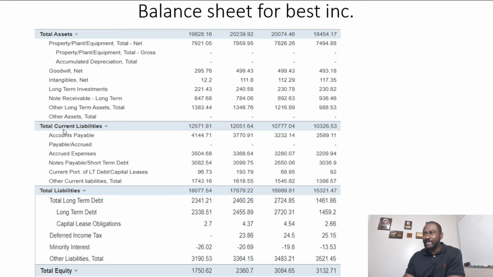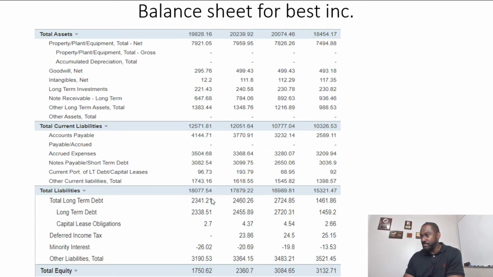So let's look at the liabilities. Total assets, total liabilities. So in 2018 they have 10 million, and they have 10 million in 2019. In 2020 they have 12 million, and they still have 12.5 million in 2021. So this is current liability.